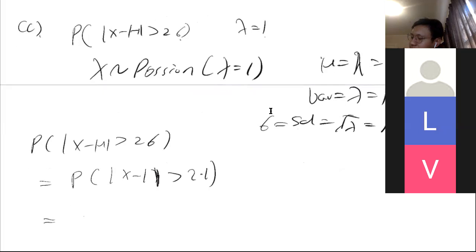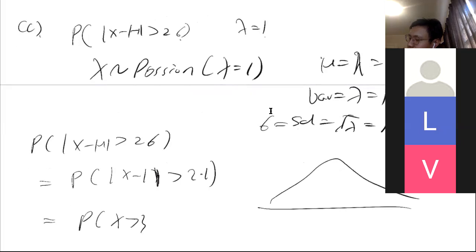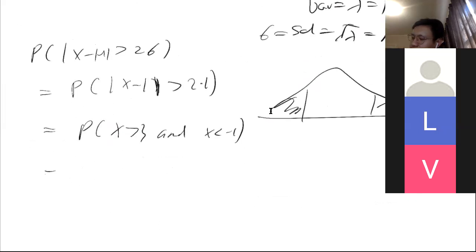So we're finding that x is greater than 3 or x is less than -1. So we're finding the tails here. But the probability of x less than -1 is just 0, because we're talking about a Poisson random variable, and a Poisson random variable doesn't take in negative values.